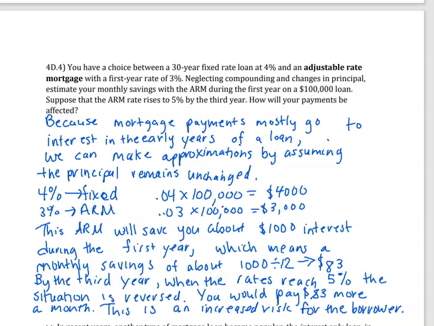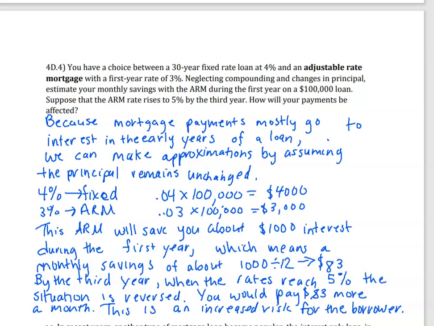Then the fixed rate mortgage would be at 4%, 0.04 times 100,000, which is $4,000. And the adjustable rate mortgage is going to be 0.03 times 100,000, which is $3,000. So this adjustable rate mortgage will save you almost $1,000 in interest during the first year, which is about $83 if you divide that out.